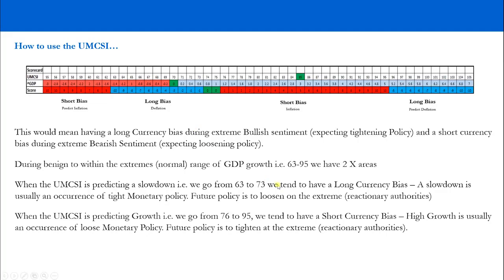So what about the opposite situation? So when we are predicting growth, so when we're looking at this level here from 76 up to 95, well, the same principle applies.